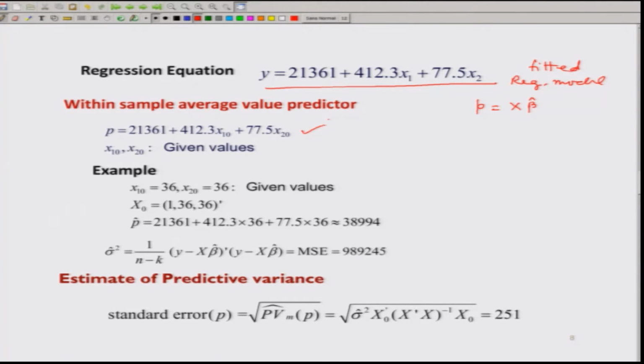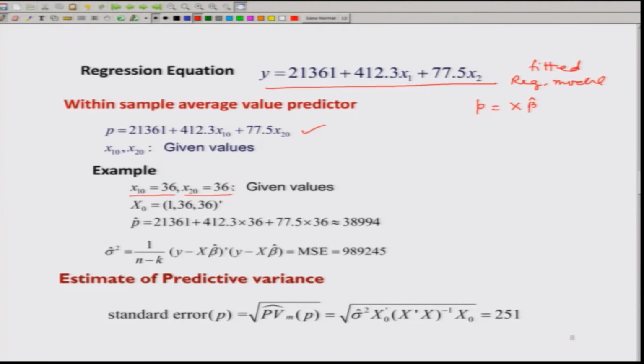Now, let us take an example and try to forecast. Suppose we say that the value of x1 naught is 36 and value of x2 naught is 36. That means we would like to know the demand of water when the temperature is 36 degrees centigrade and humidity is 36%, quite dry.